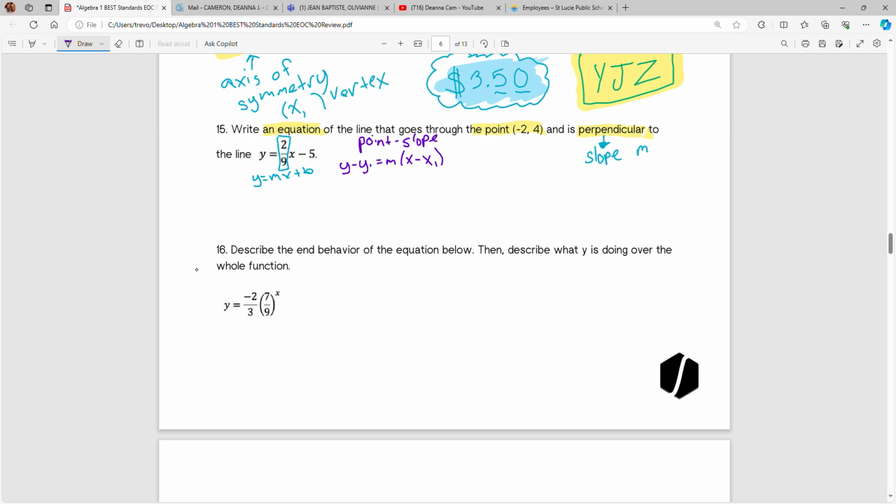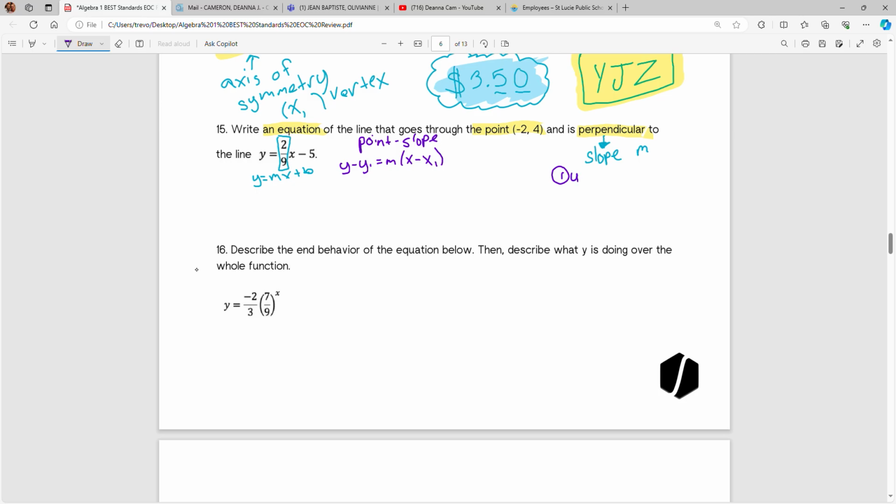So, looking at this, perpendicular slopes, when you see this, you're probably going to be tested on both perpendicular and parallel slopes. Parallel slopes are equivalent. Perpendicular slopes are two things. They are upside down.